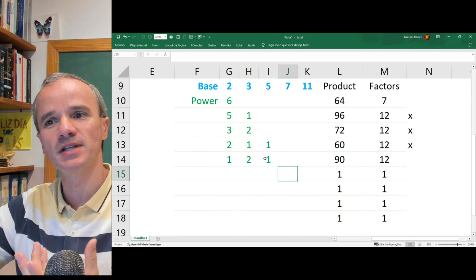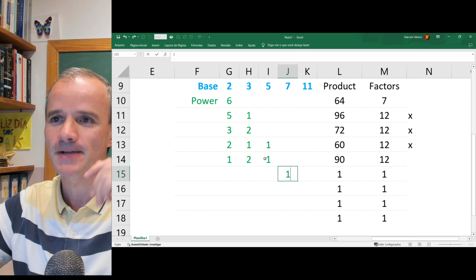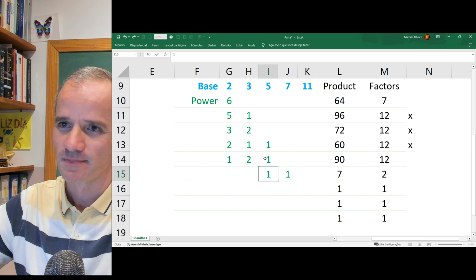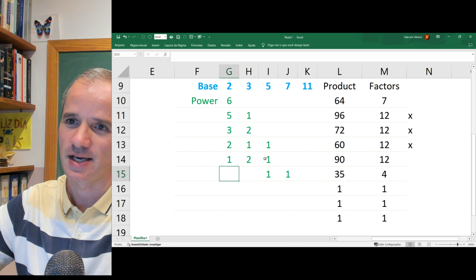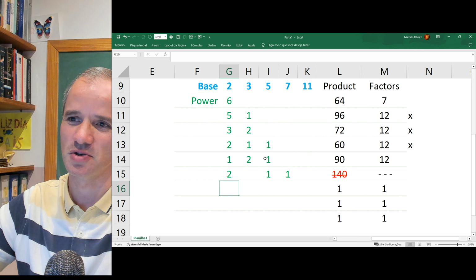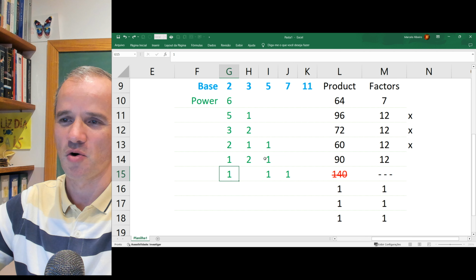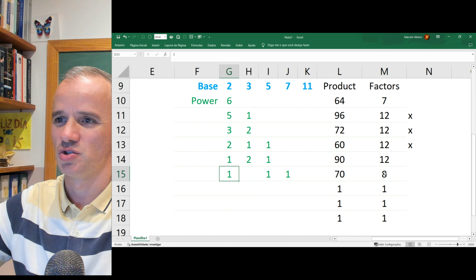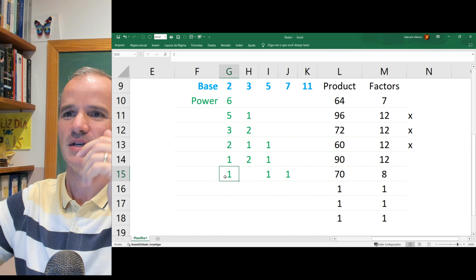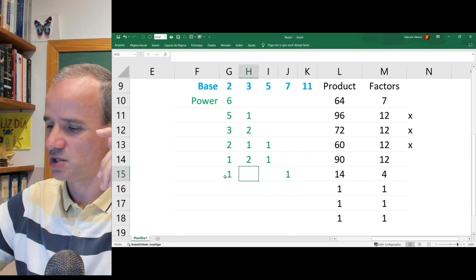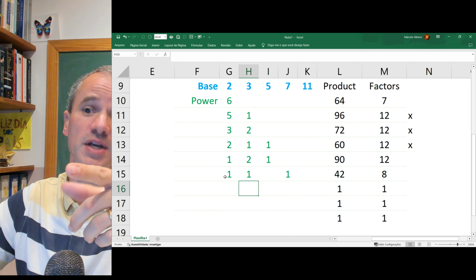Now, let's try to bring the 7 into play. Let's see. 7 and a 5. Okay. A 3 is not possible. A 2, I don't think it's going to do anything, you see. Power 1, nah. 8 factors, not interesting. So with 5 doesn't work. So maybe 7 and 3. I don't know.